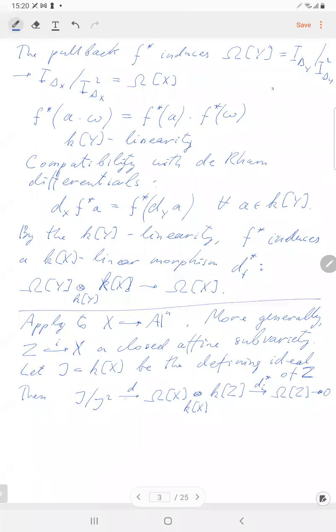This differential on the left is just defined by the evident formula: d of a is the differential in the sense of X, tensor 1, for any function a in this ideal. Okay, so let's prove that there is such an exact sequence.